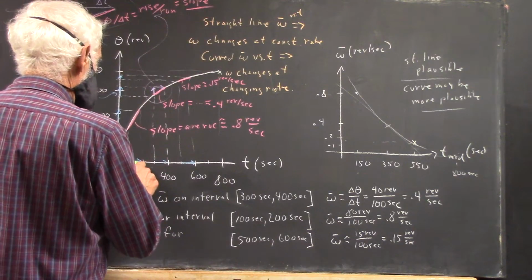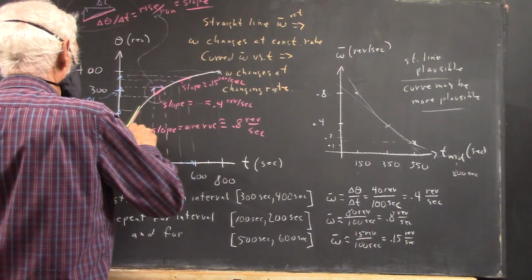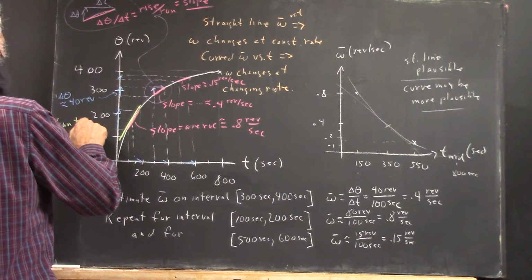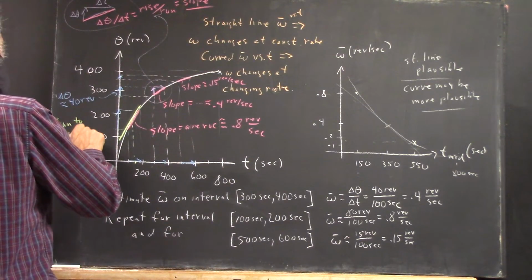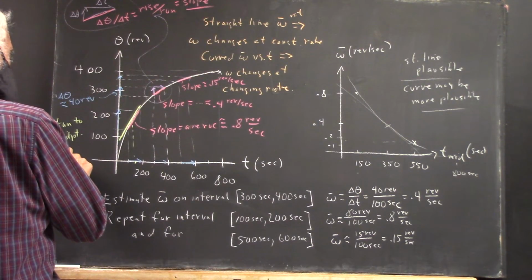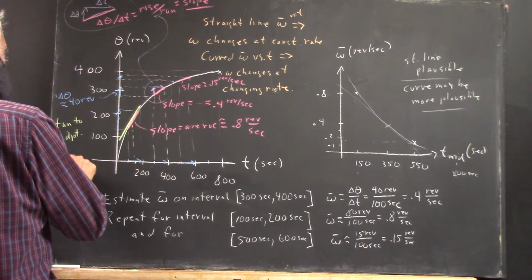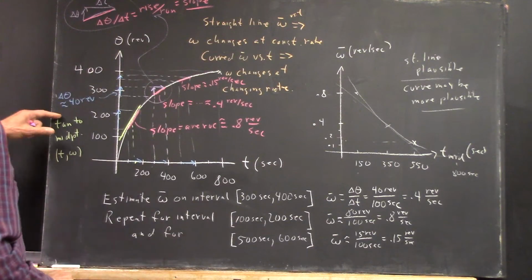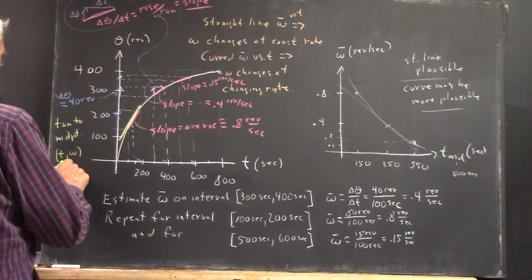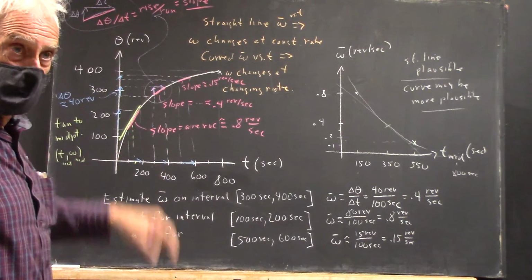The midpoint here goes up to here. It's tangent to the midpoint at the point t mid, omega mid. Can't read that mid, but I put that subscript on there.